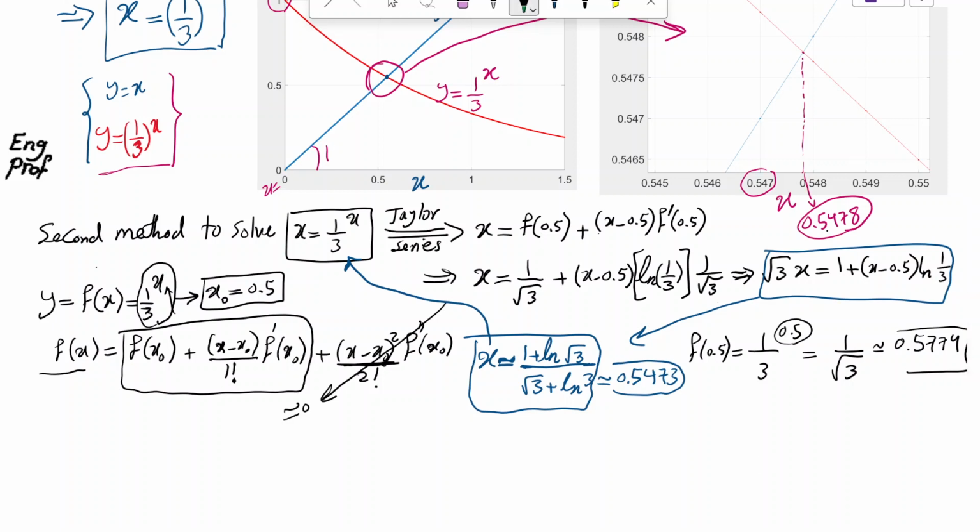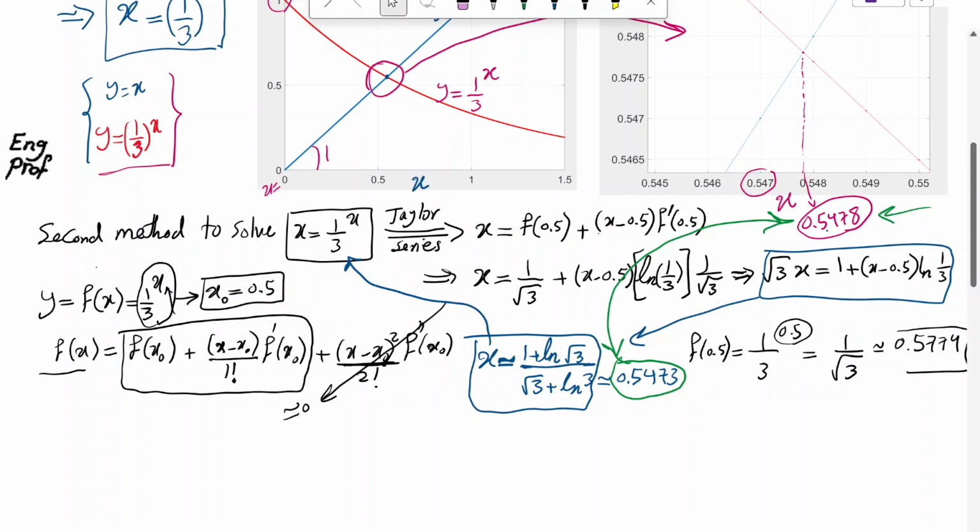See, this is what we found algebraically using Taylor series approximation, but that is very close to what we found just by plotting, which indicated the answer is 0.5478. Here we have 0.5473. So very close.